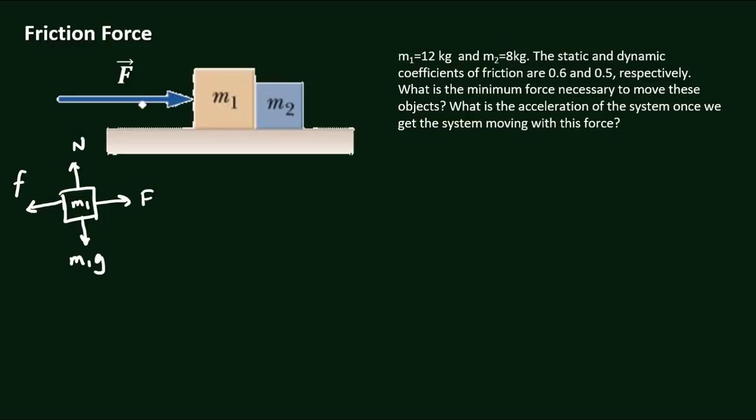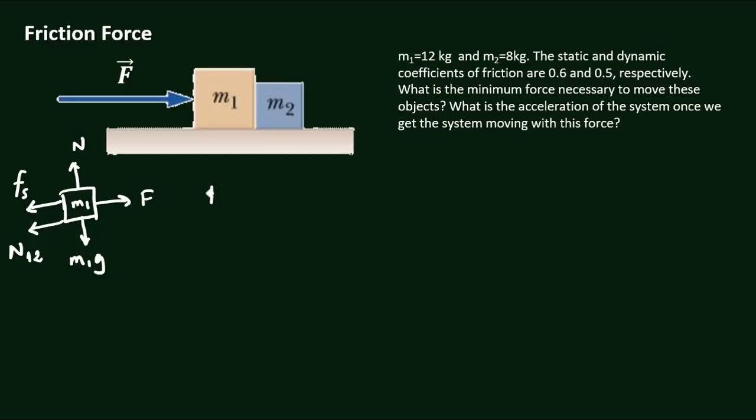Since once we start moving the objects, the direction of motion is going to be towards the right, the friction force here is going to be towards the left. And M1 is touching M2. So when we start moving these objects, there's going to be this normal force acting on M1 by M2. Okay.